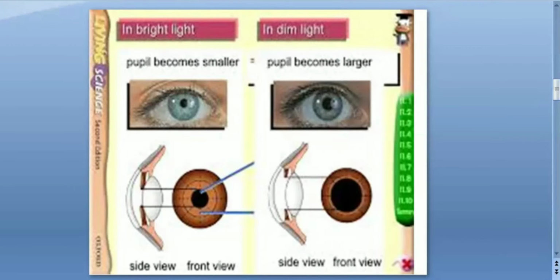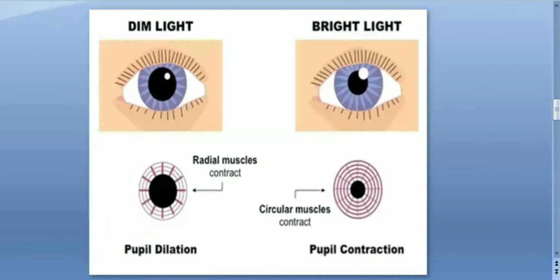Then one more photograph is here. Then it will help you to understand very clearly regarding the regulation of light in the eye. So students, listen carefully. Okay, you can copy down the points because in dim light, what happens to the radial muscles? In dim light, the radial muscles contract, so that dilation of the pupil takes place.